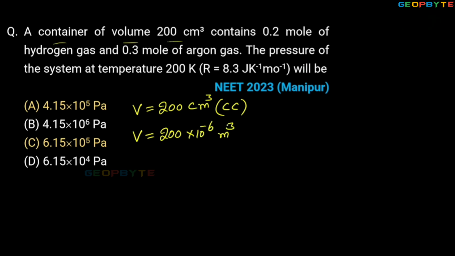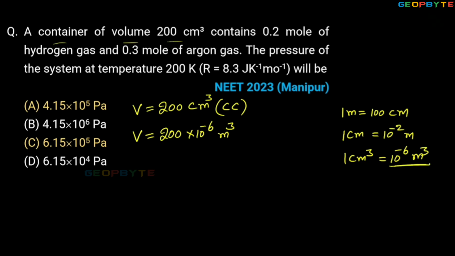Remember, for converting from centimeter cube to meter cube, it should be multiplied with 10 power minus 6, because 1 meter equals 100 centimeters. From this, 1 centimeter equals 1 by 100 meter, that is 10 power minus 2 meters. Then 1 centimeter cube equals 10 power minus 6 meter cube.